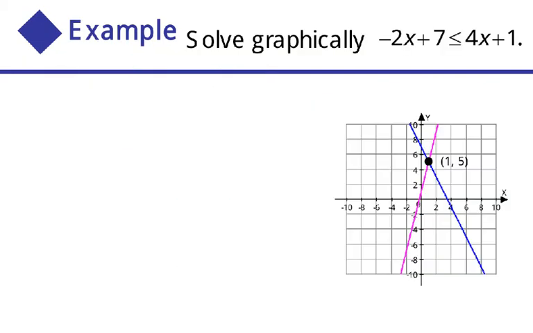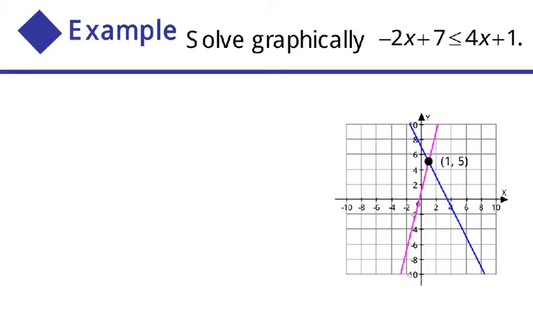And the last thing we're going to do is solve this one graphically. So the way that we're going to do that is we're actually going to draw both lines. And we're going to see where they intersect.